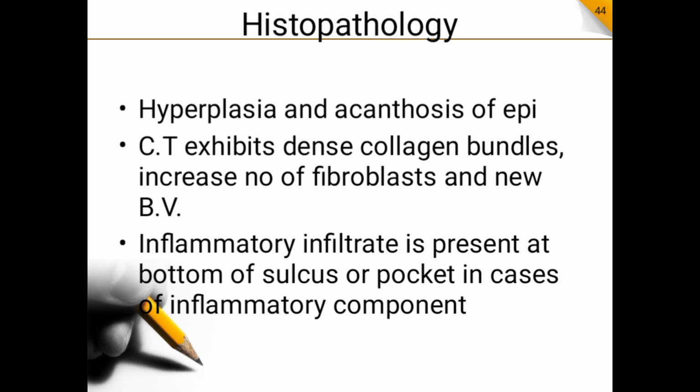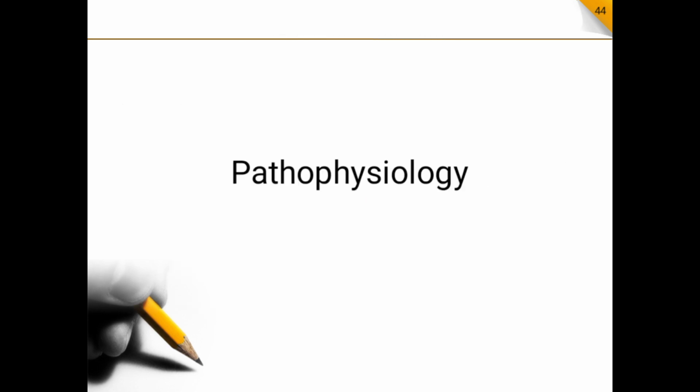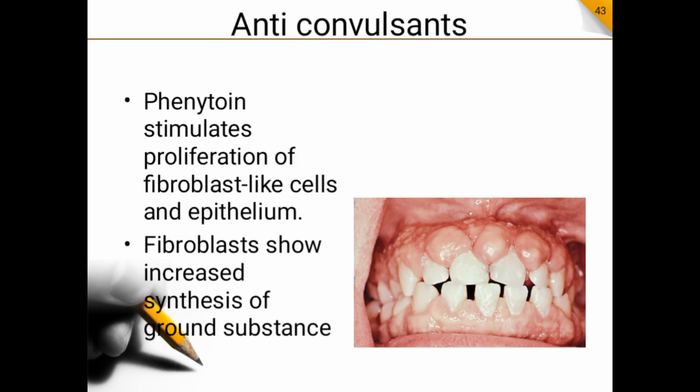Histopathology is basically hyperplasia and acanthosis, and connective tissue shows dense collagen fibers, an increased number of fibroblasts, and new blood vessels. Inflammatory infiltrate is present at the bottom of the sulcus or pocket in cases of an inflammatory component. Pathophysiology: we will study anticoagulants, in which phenytoin stimulates the proliferation of fibroblast-like cells and epithelium.